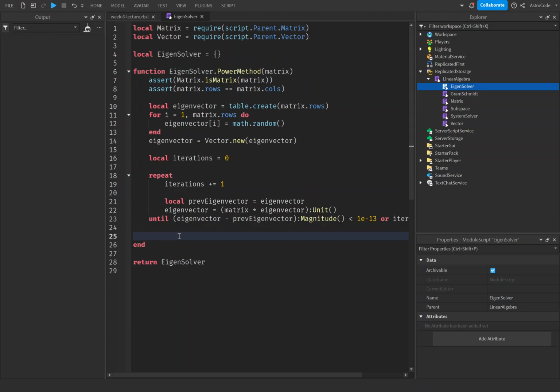The answer to your question is that yes, what we're doing is we're implementing an iterative method, but there are non-iterative methods. So if you open up Mathematica, you could solve for an eigenvalue symbolically and it would give you an exact solution.